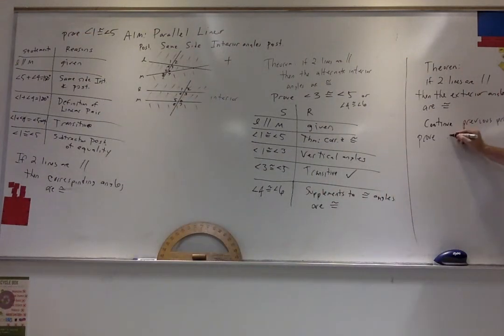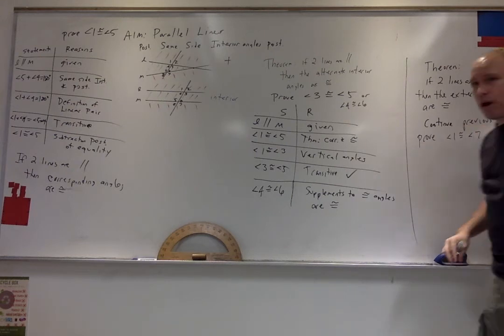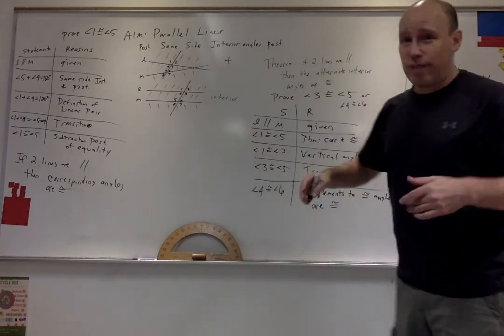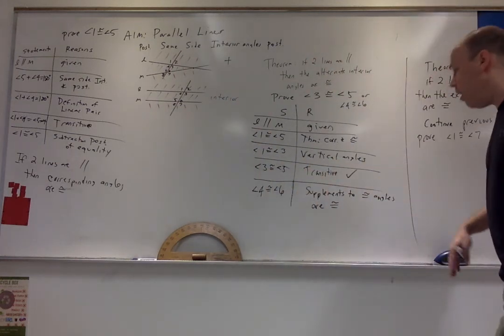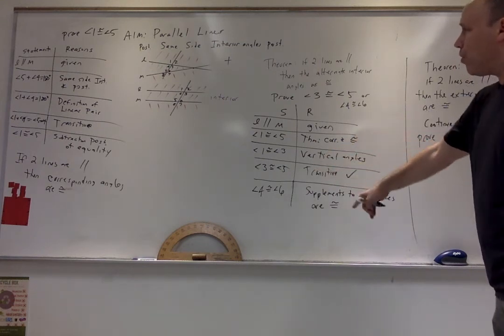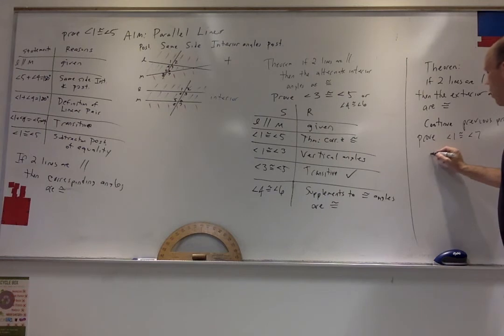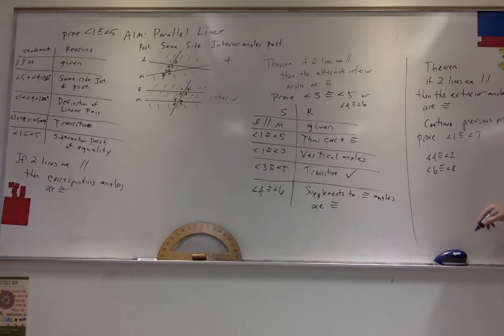Let's look at angle 1 is congruent to angle 7. As I said before, you did this last year because your teacher told you it's true. Now this is how we actually prove it. We know that 4 is congruent to 6, right? Well, angle 4 is congruent to angle 2, and angle 6 is congruent to angle 8, right?